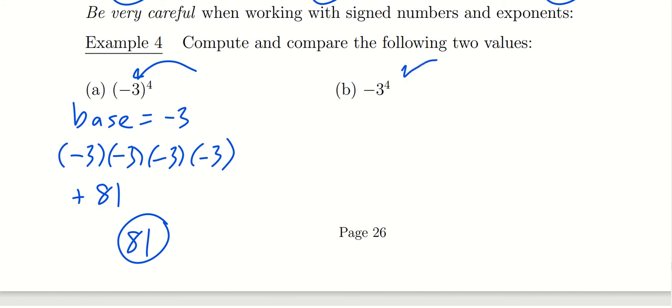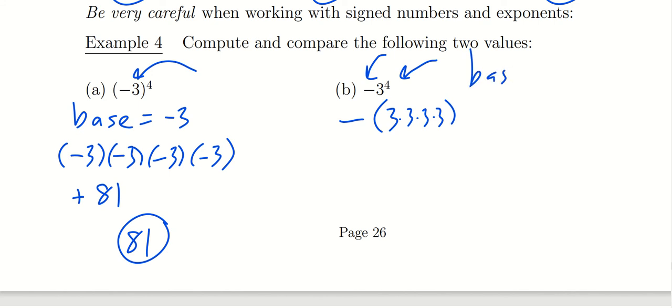Something that looks awfully similar here, but is slightly different, is this problem in part B. We have kind of the same 3 components. There's a negative sign, a 3, and a 4. But notice in this example, the negative sign is not in the parenthesis with the 3. So what this means is we're going to take the opposite of 3 to the 4th.